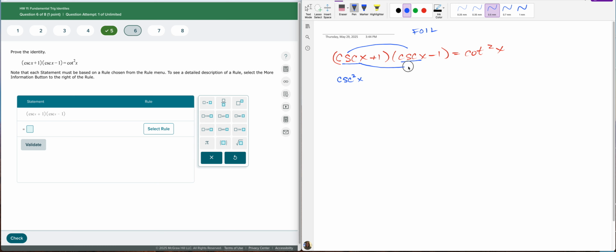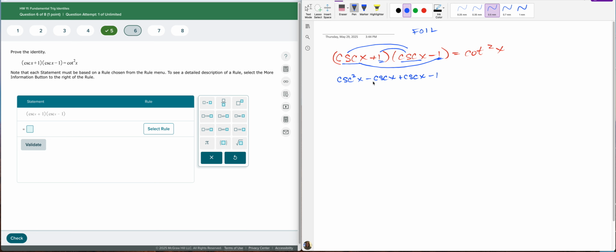Now outside, I'm multiplying cosecant by -1, so that's negative cosecant x. Inside, I'm multiplying cosecant by +1, so that's plus cosecant x. And then last, I'm multiplying 1 by -1, which is -1.